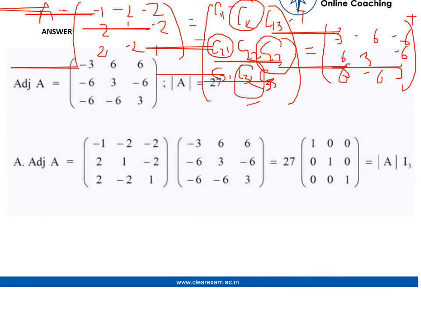So in the transpose, we change the rows and the columns. So here it becomes the complete adjoint of matrix A.